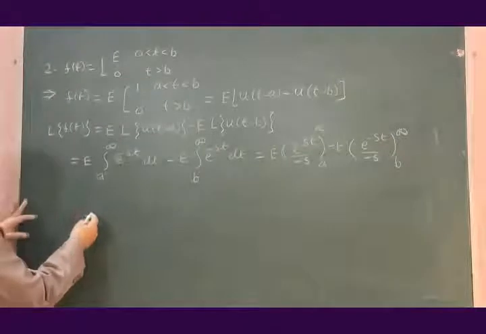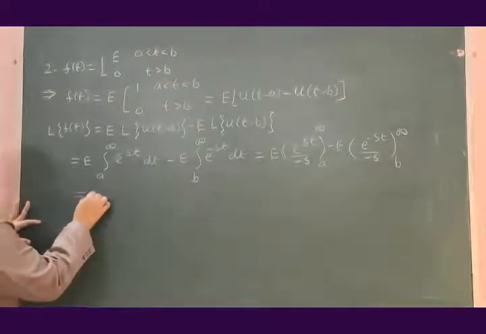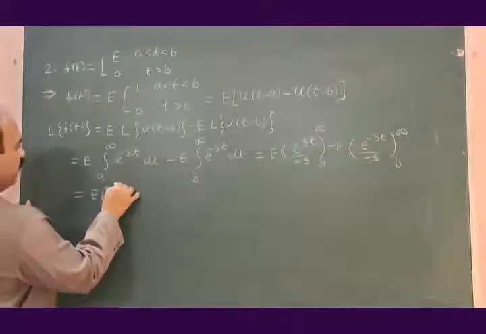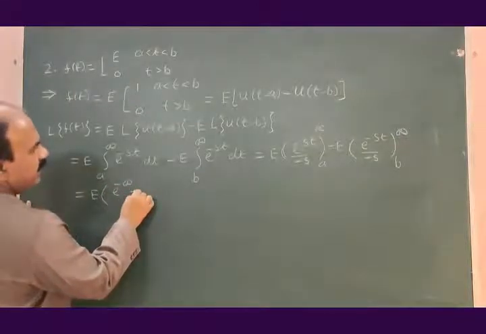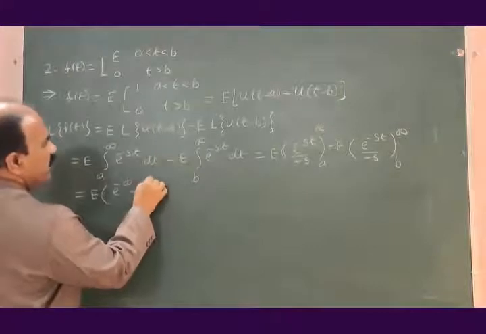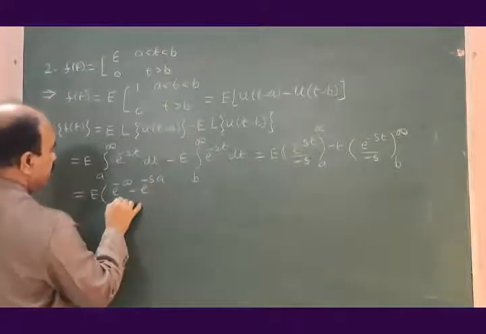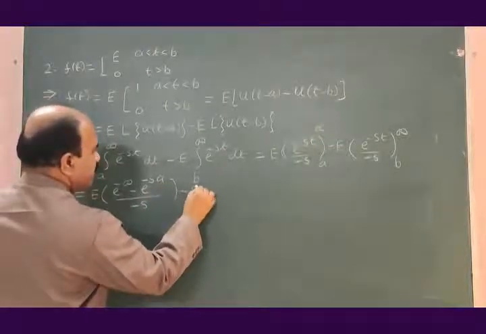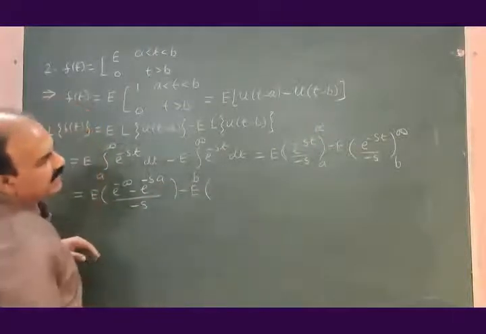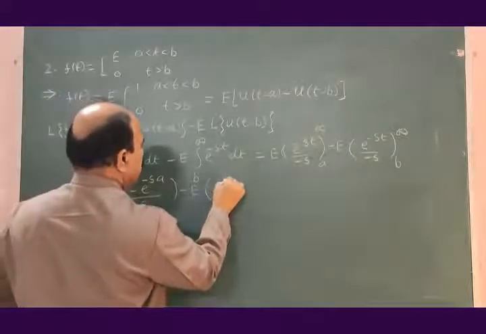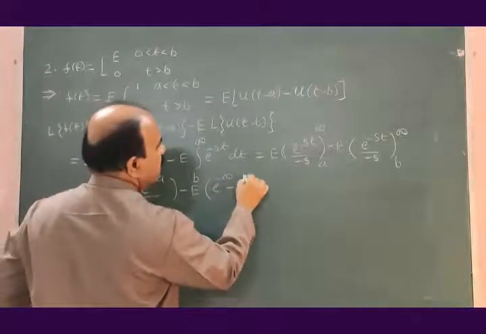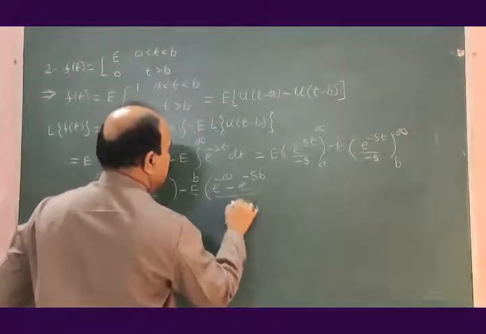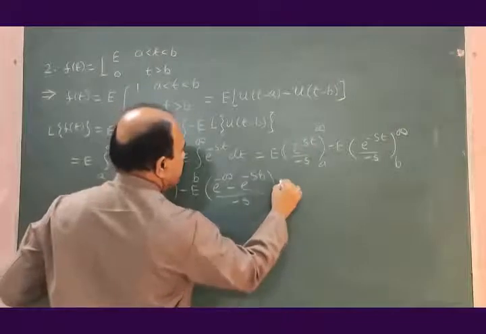Let us put the limits. e into, in the bracket, e to the power minus infinity minus e to the power minus sa, divided by minus s, minus e into, in the bracket, e to the power minus infinity minus e to the power minus sb, whole divided by minus s.